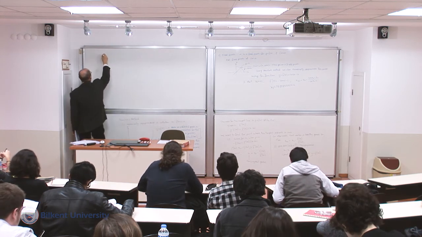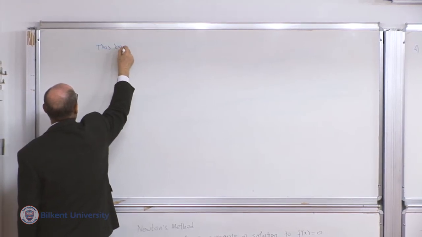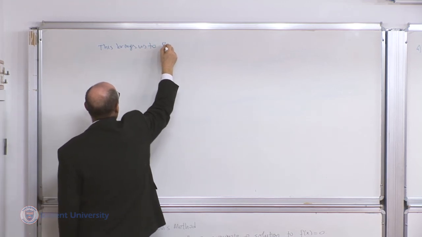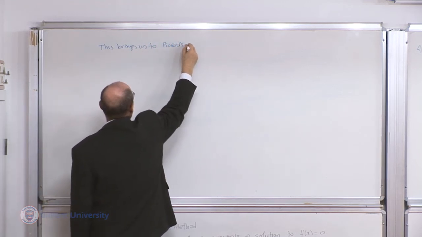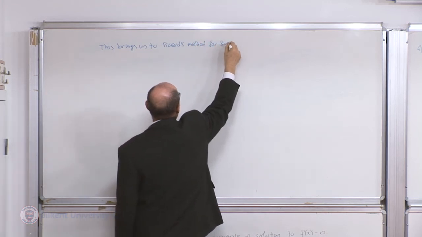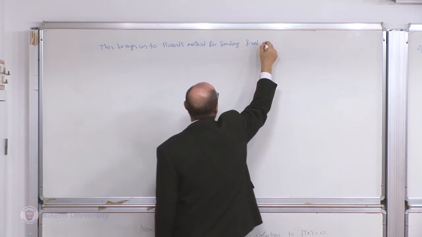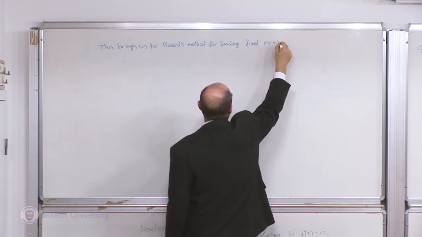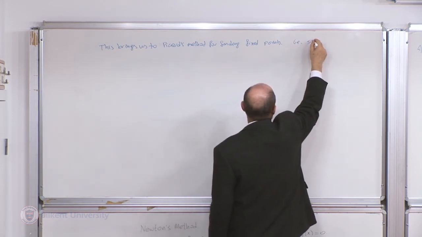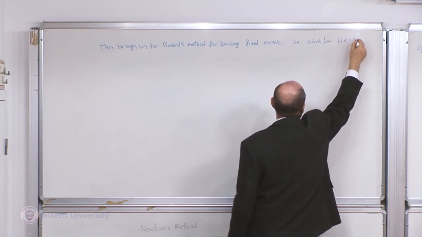Okay, so this brings us to Picard's method for finding fixed points. Okay, so that is, solve for f of x equals x.